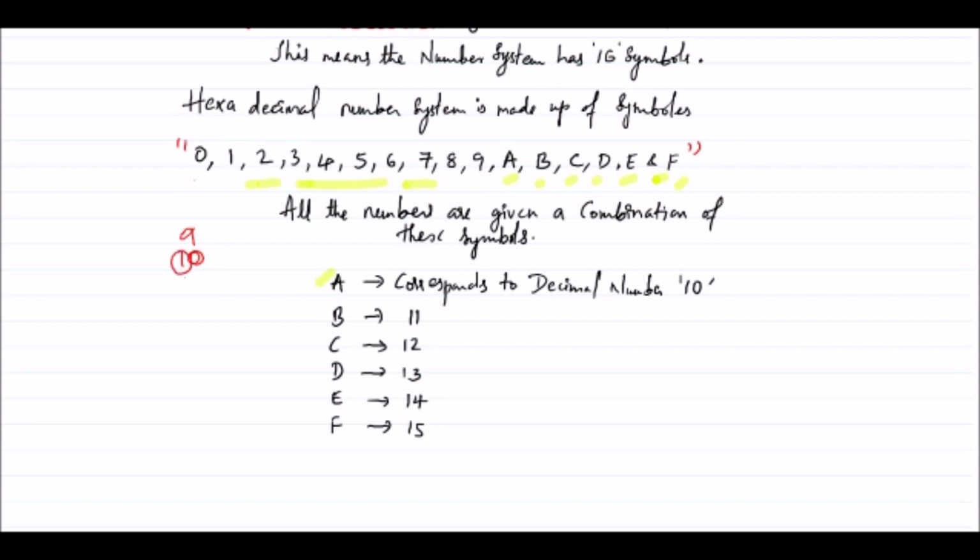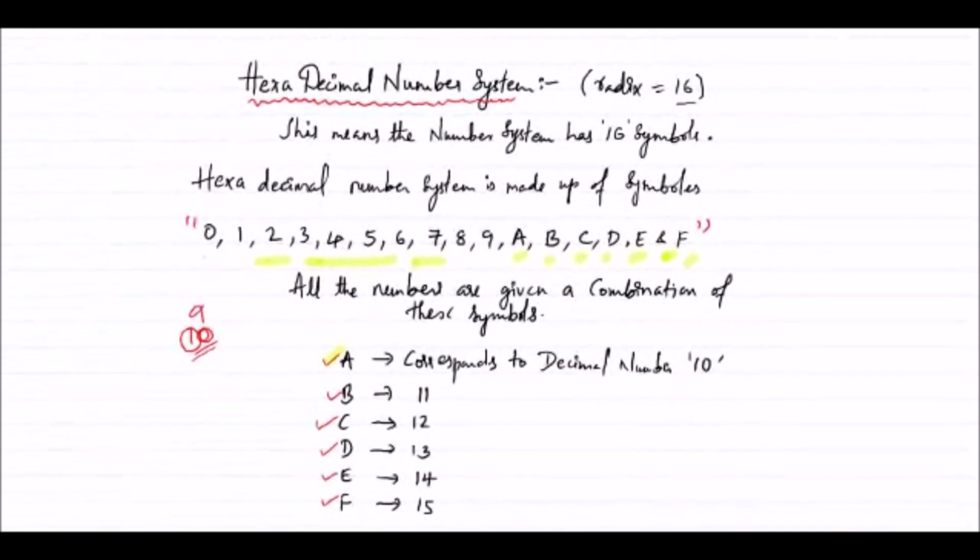So this decimal number 10 is represented as A in hexadecimal, 11 is represented as B, 12 as C, 13 as D, 14 as E, and 15 as F. If you count 0 to F, we have 16 values, 16 symbols. That is why the radix value of the hexadecimal number system is 16.